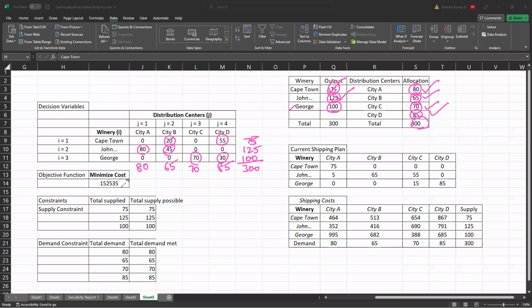Done. And this is the minimum cost that you can incur given the cost of transportation. Given the cost of transportation in dollars, $464 is what it will cost for 1 liter of wine from Cape Town to city. So given that context, this is the minimum cost that you're going to incur, and this is the transportation route that we have given.